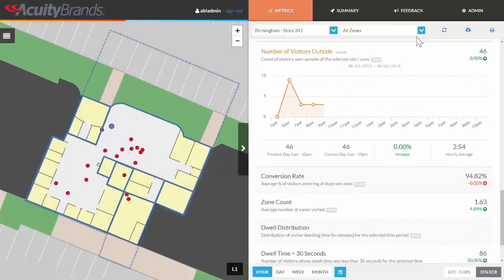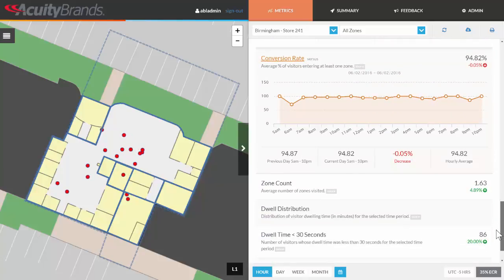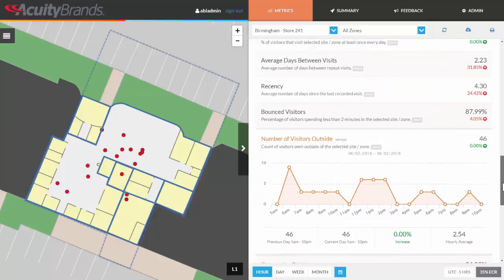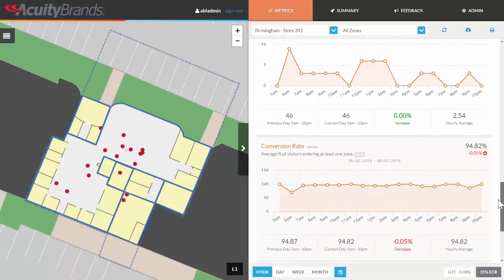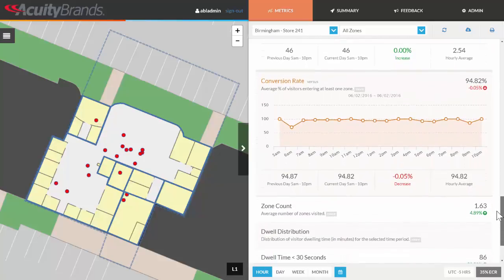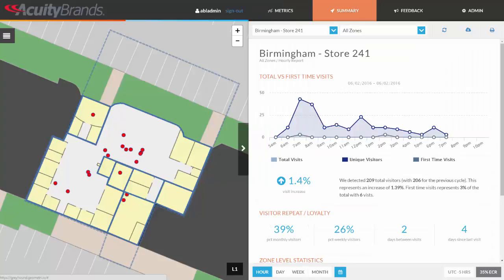And you can see that conversion rate was about 94%. That is, most people that drive to this current retail location, their destination is that location. So they do have a high conversion rate. So you can think about your store if it's within a mall, being able to measure that.